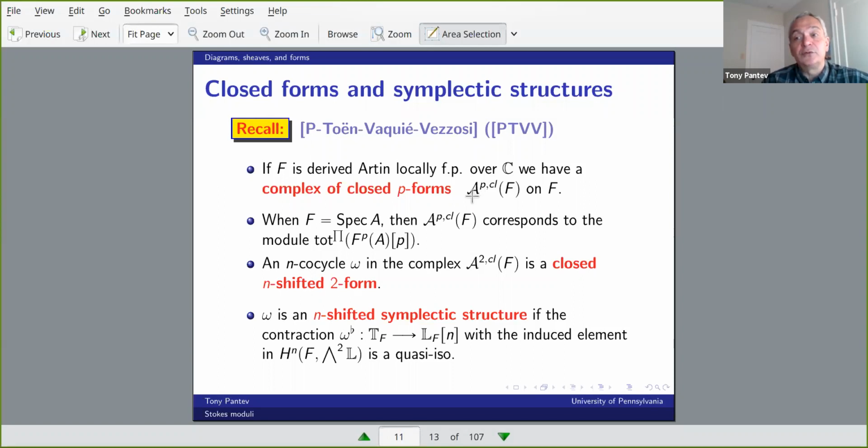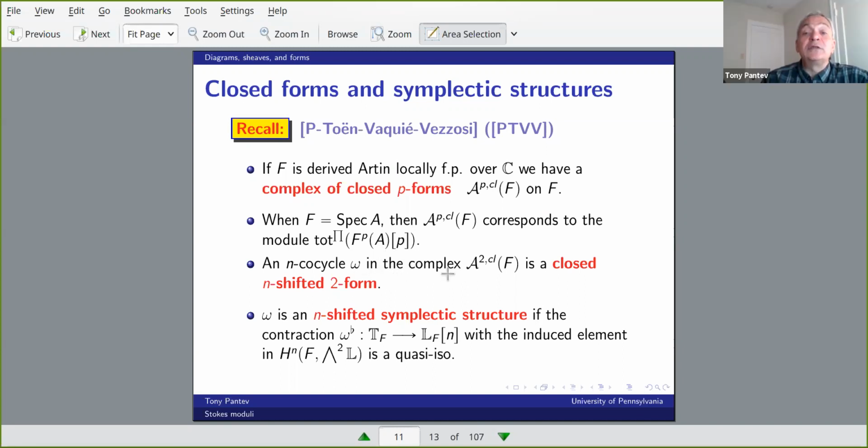That's the notation we chose originally, because when you do it on schemes, you're really taking the stupid total complex of the stupid truncation of the algebraic de Rham complex, and so it doesn't quite look like the forms. It looks like some sums of forms. So we call them A. Tony, do you mean F^p A or F^p de Rham of A? The second, yeah, F^p A is F^p of de Rham of A. I mean, just a shortcut notation.